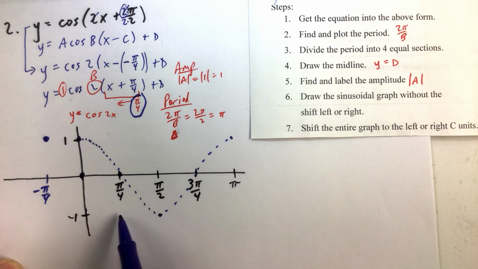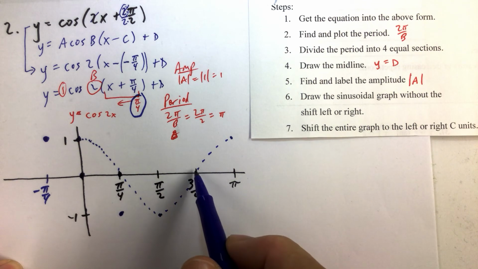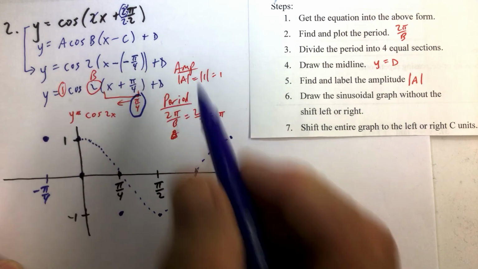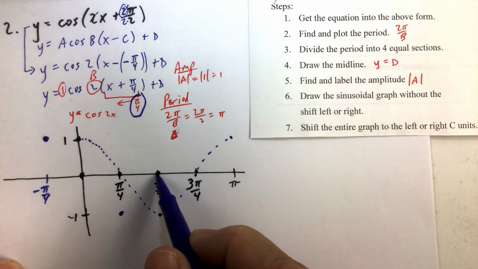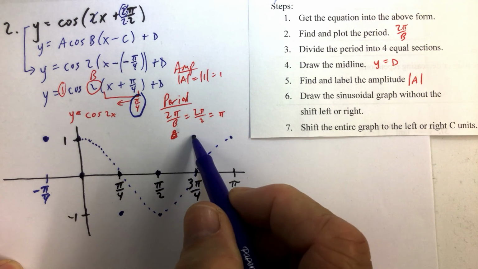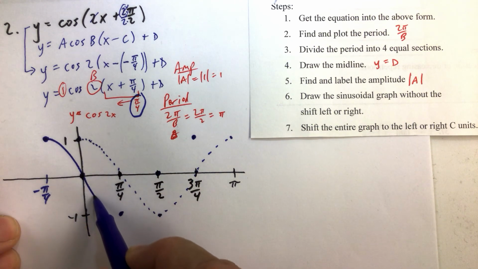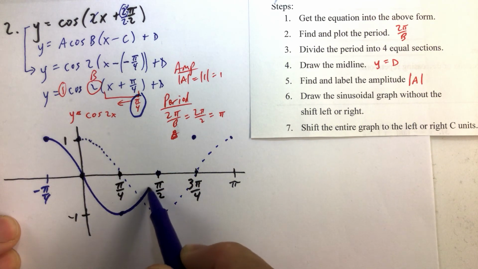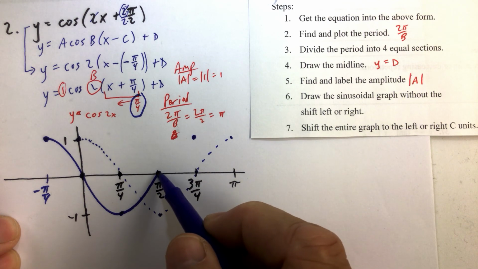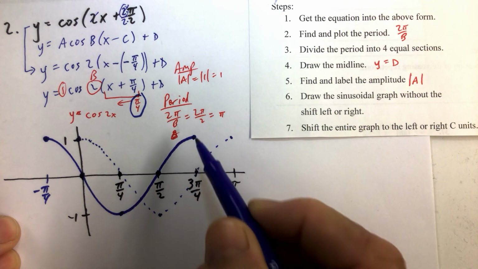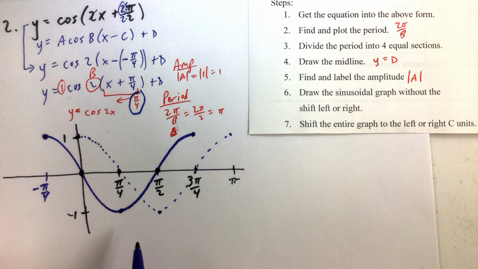All the points move to the left pi over 4 radians on the actual graph of the given function. And then back to the midline again, and then back to the top. So the actual graph of y equals cosine of 2x plus pi over 2 over one period looks just like that. And there you have it.